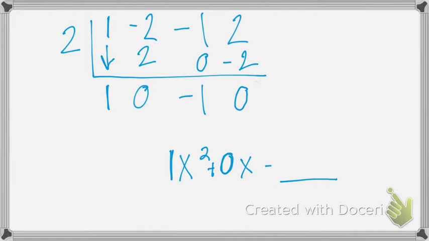-1. You just keep going in order. Now, this last term is always your remainder. If it has a 0x, a 0x squared, a 0x cubed, do you have to write it?